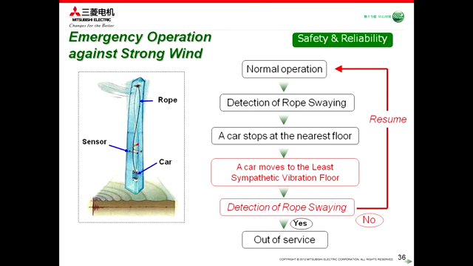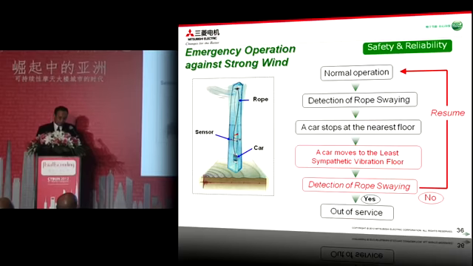For such a high-rise building, the influence of strong wind should be well considered as well as that of earthquakes. However, strong wind conditions occur more often than earthquakes. How to maintain the service level of the elevator against strong wind is one of the key issues to overcome. Therefore, we have developed a system to detect the rope swaying directly by a sensor installed in the shaft.